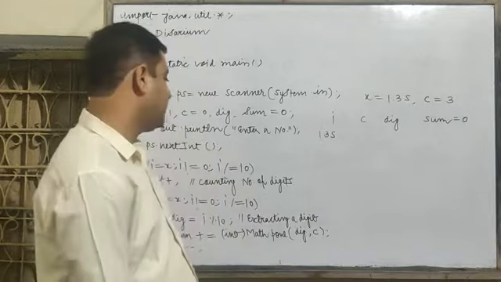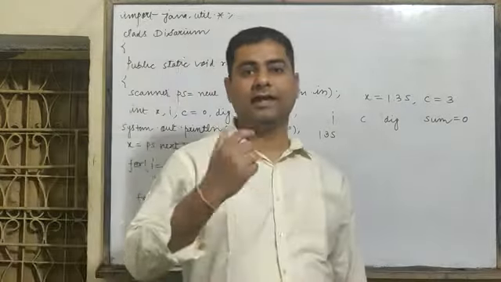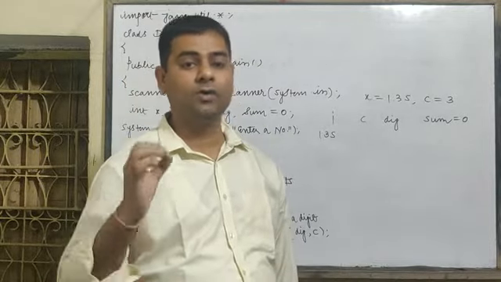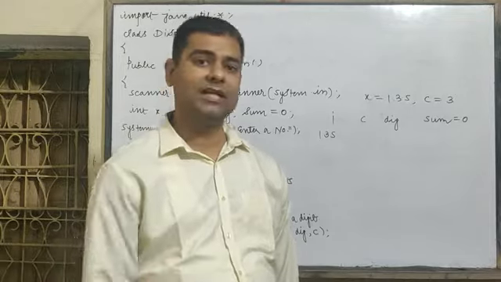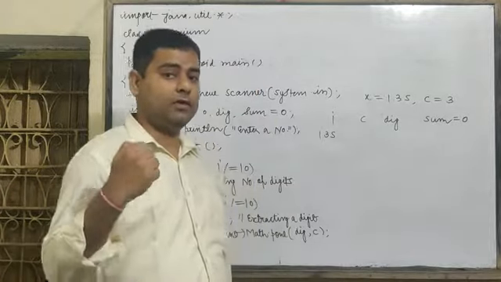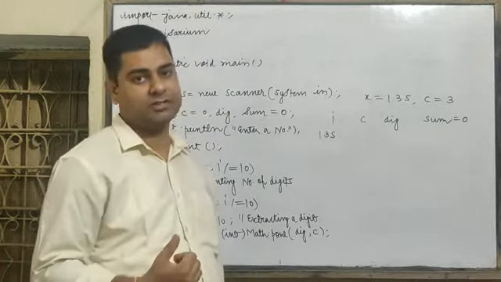Generally, when we write logic to extract a digit, we write digit equals i modulus 10. When you write digit equals i modulus 10, it always gives you the last digit. So when you are finding the last digit, what will be the respective position for the last digit?